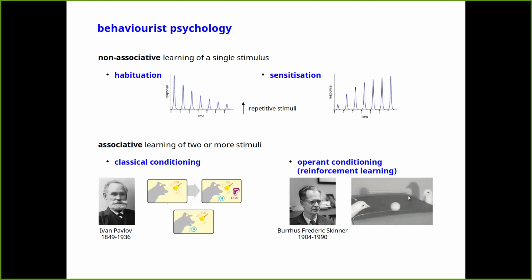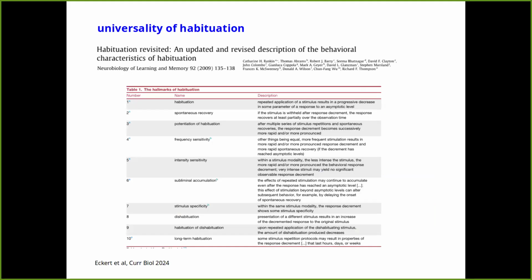And it's a vivid illustration of how effective reinforcement learning is, not just for machines, but also for pigeons. Behaviorism gives us a set of protocols for studying learning. And so one starting point for thinking about learning in the context of cells is to take advantage of this. And there's already quite a lot of literature around this. Let me focus particularly on habituation, which is one that we've studied at some length.